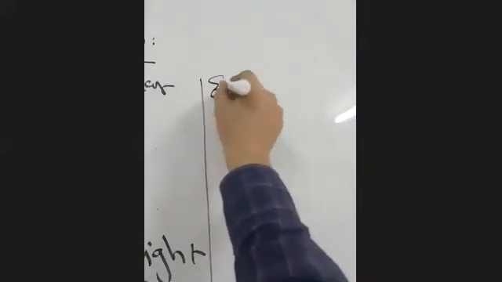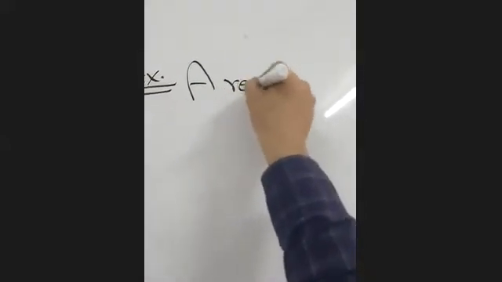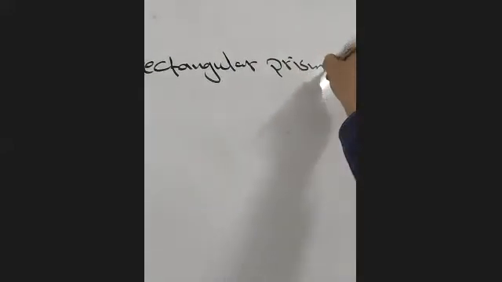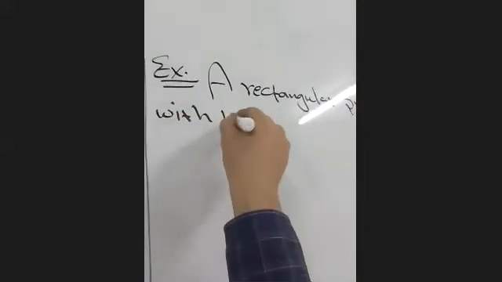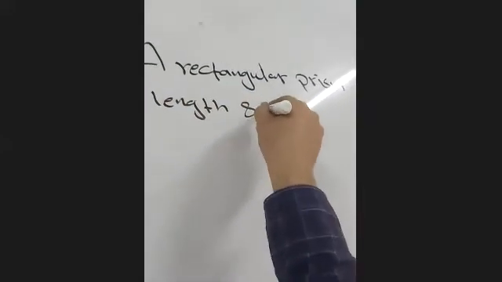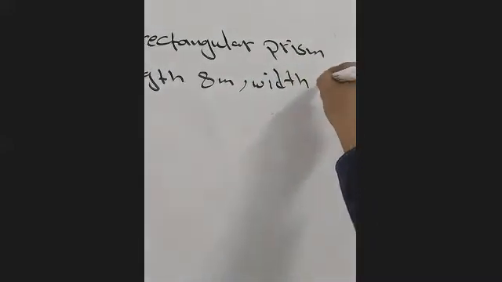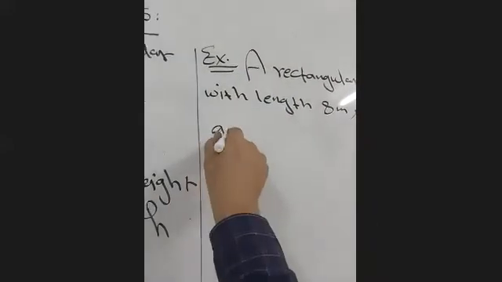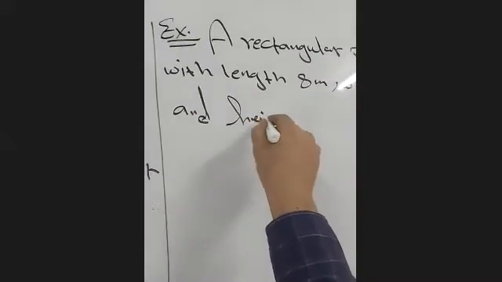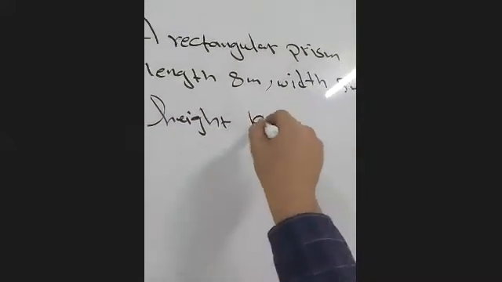I'll give you an example. Wait, stay with me. Yes, we start. Example: a rectangular prism with length 8 meters, width 5 meters, and height, let's say, 10 meters.